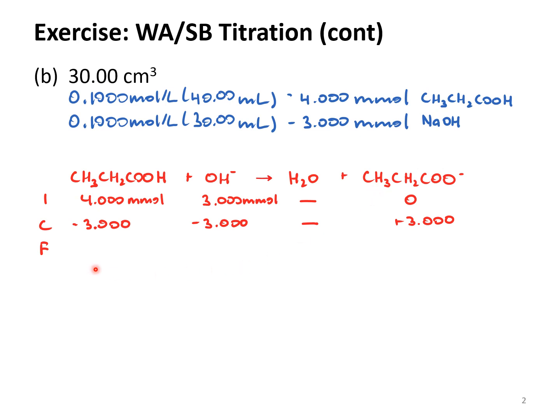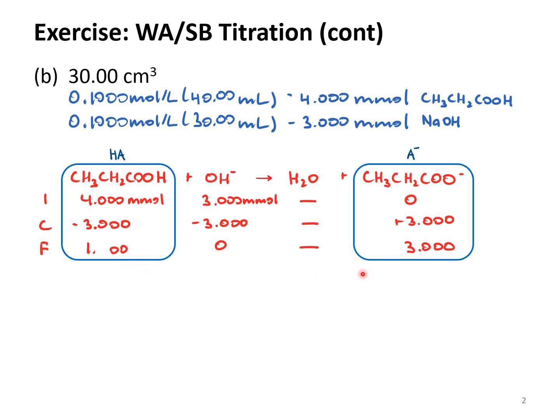The next step is simply to add up the columns, and we see that we have 1 millimole of propanoic acid, 3 minus 3 is 0 millimoles of hydroxide, which makes sense since hydroxide is the limiting reactant, and 3 millimoles of propanoate, which are produced. At this point, you should be able to recognize that we have a weak acid and its conjugate base. And you can say to yourself, aha, we have a buffer.